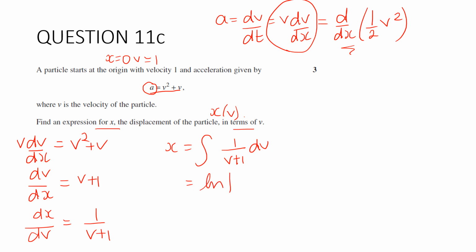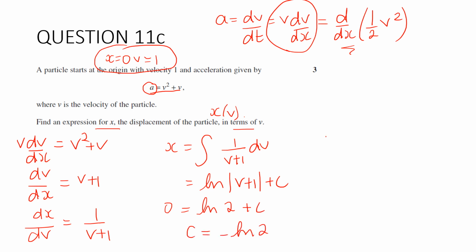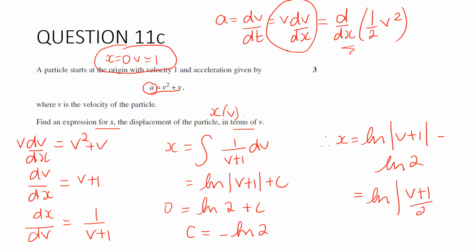Integrating, we get ln(v plus 1) plus c. At x equals 0, v equals 1, so 0 is equal to ln 2 plus c. c is equal to negative ln 2. Therefore, x is equal to ln(v plus 1) minus ln 2, which is ln((v plus 1)/2).